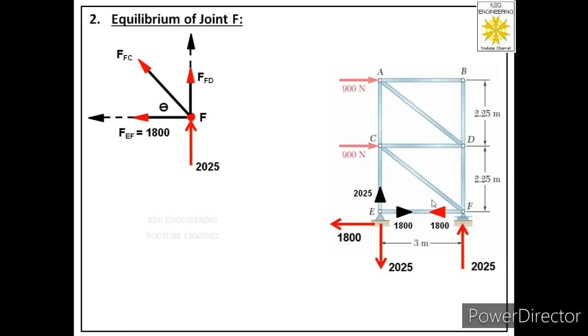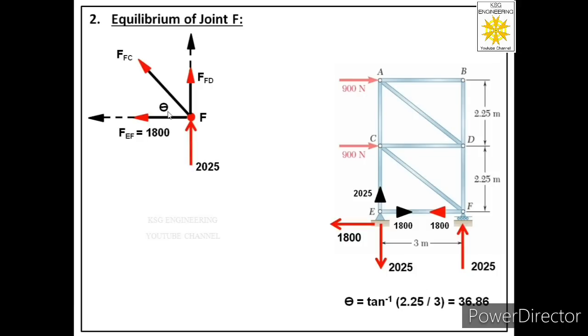In order to find this theta we have to consider this right angle triangle CEF. So in triangle CEF, perpendicular upon base is equal to tan theta, that means 2.25 divided by 3 is equal to tan theta. Or we can say theta is equal to tan inverse of 2.25 divided by 3. From here we will get the value of theta as 36.86.